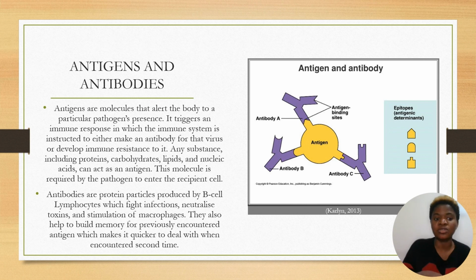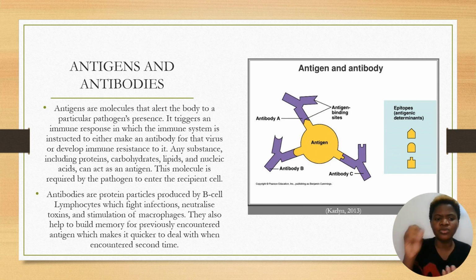Any substance, including proteins, carbohydrates, lipids, nucleic acids, can act as an antigen. So any virus can use either a protein or carbohydrate to attack your cell, using them as an antigen, say a sign, to be able to attach to your cells.